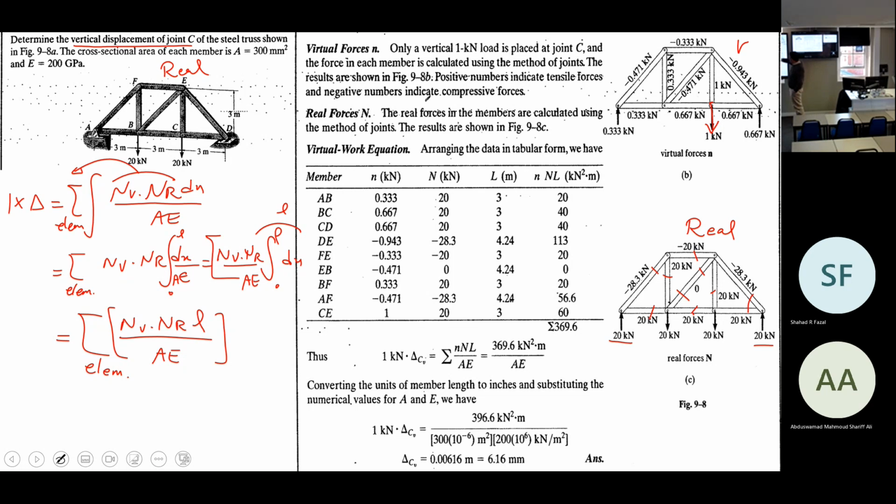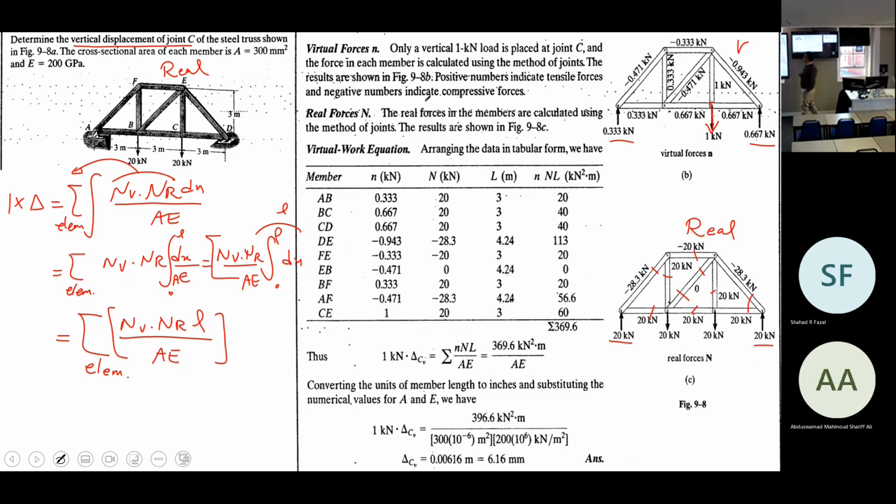How? Again, write the equilibrium equations, come up with the support reactions, go node by node and find all of the internal forces. You have all the forces in the virtual and real structures, right?